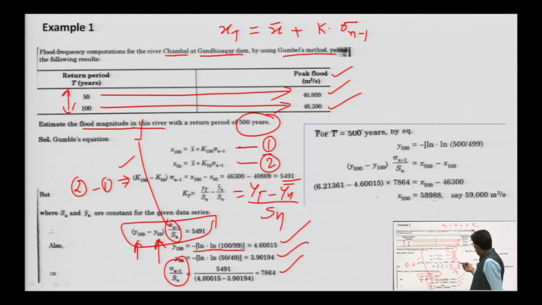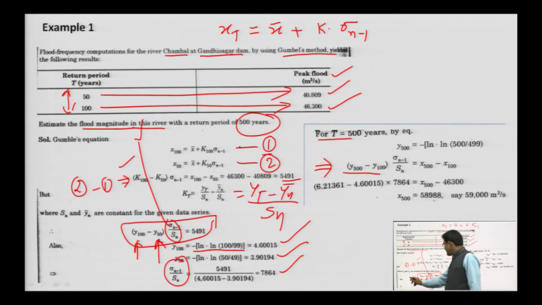Next, again write y at T equal to 500 minus y at T equal to 100, as we did here, same equation. So, sigma n minus 1 and Sn are not going to change here, so it is also same here.